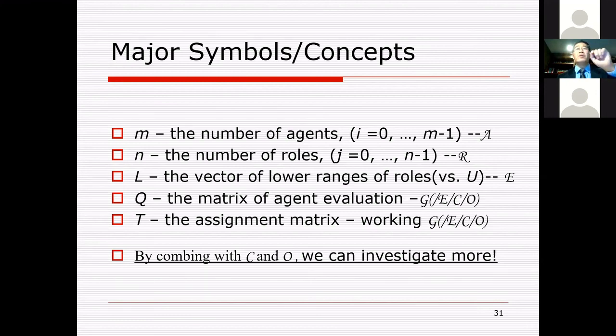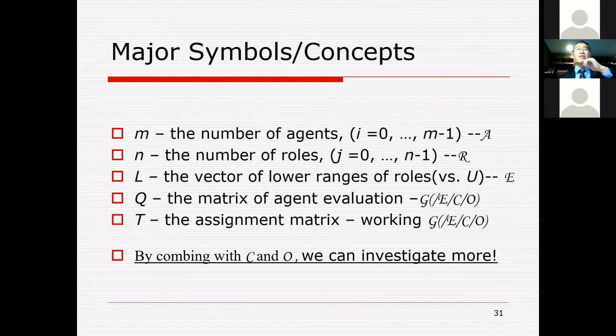And Q means the evaluation value for each agent on each role. Here we assume every person can do every role with different qualifications. For example, a professor is good at teaching and research.